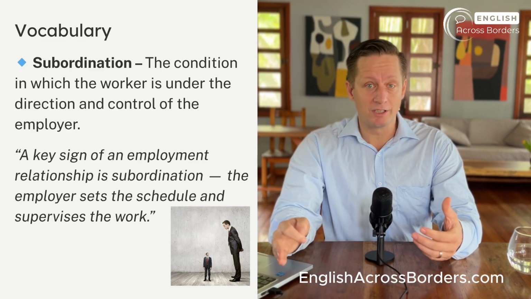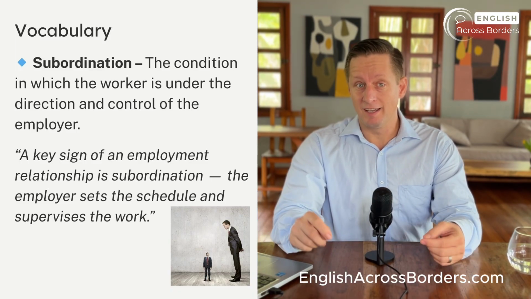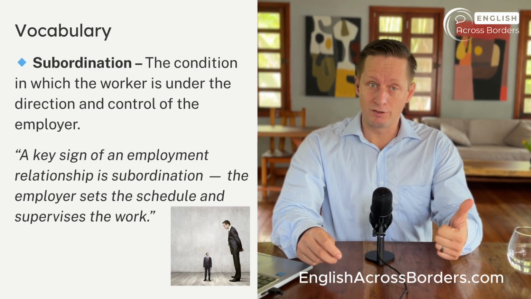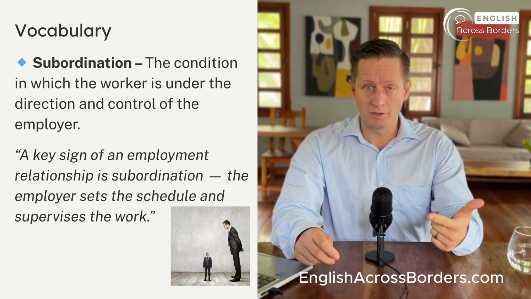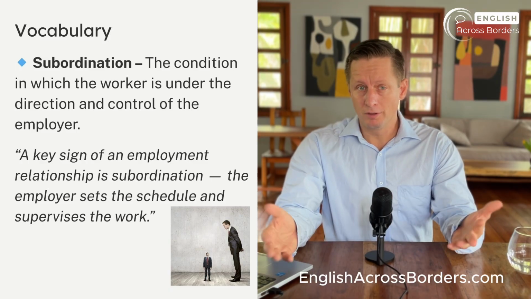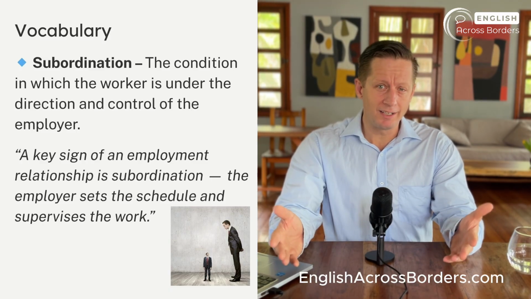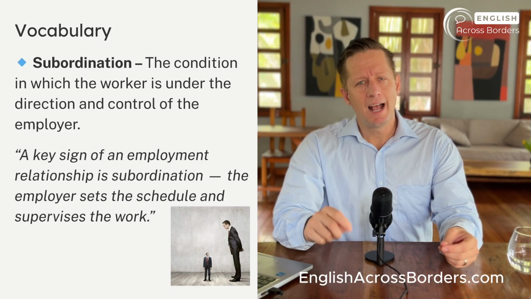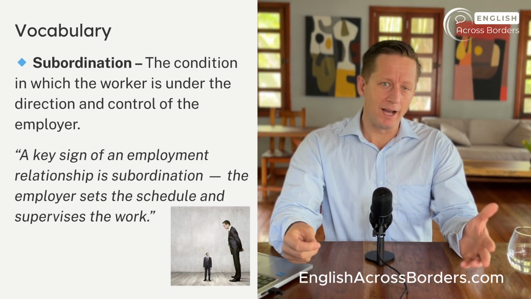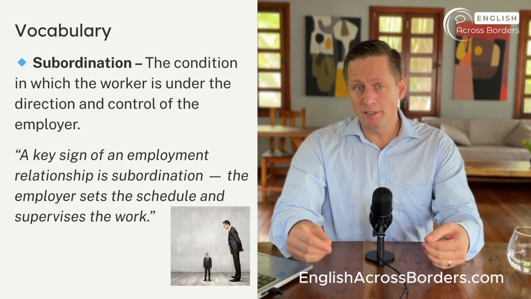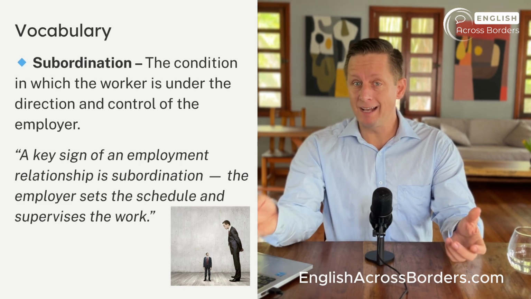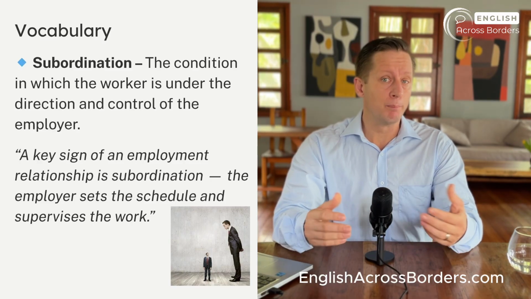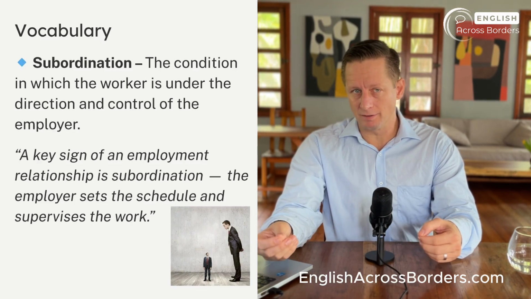Even if the written contract says this is an independent contractor, if the worker is under constant supervision, works a fixed schedule, and uses the company's tools, Costa Rican courts may decide this is actually a labor relationship. So, as a legal professional, recognizing subordination means looking at how much control the employer exercises, because that control often determines the employer's legal obligations.